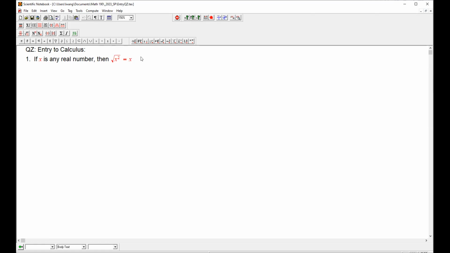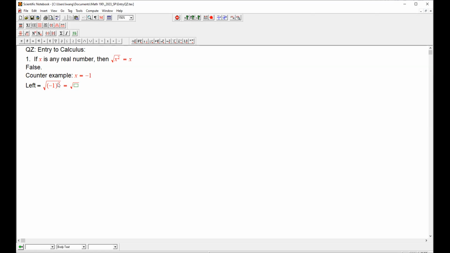The reason it's false is that when X is negative, it will make a false statement, right? So we have a counterexample. If you pick any negative number, say -1, the left-hand side would be the square root of (-1) squared.